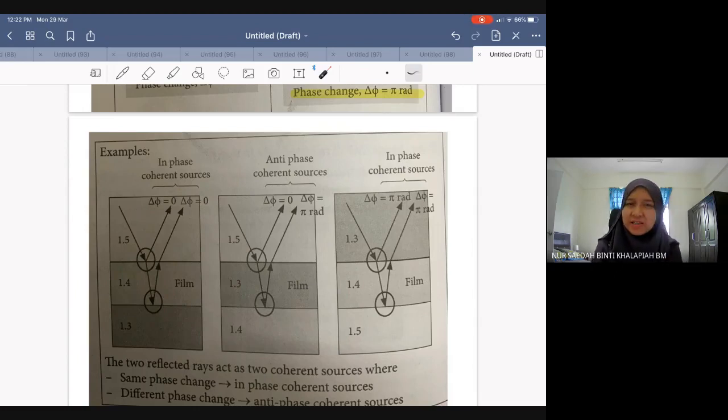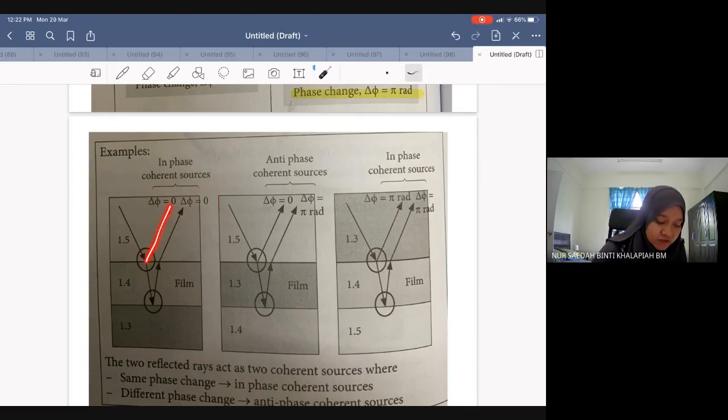Okay, interference kita sebelum ni kita belajar ada two types of source, sama ada in-phase coherent source ataupun anti-phase coherent source. Okay, and yang double slit adalah contoh untuk in-phase coherent source. So untuk thin film kita ada in-phase dan ada juga anti-phase. Dia bergantung kepada these two reflection rays.